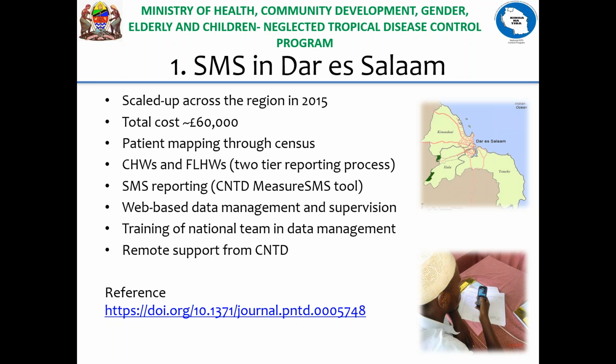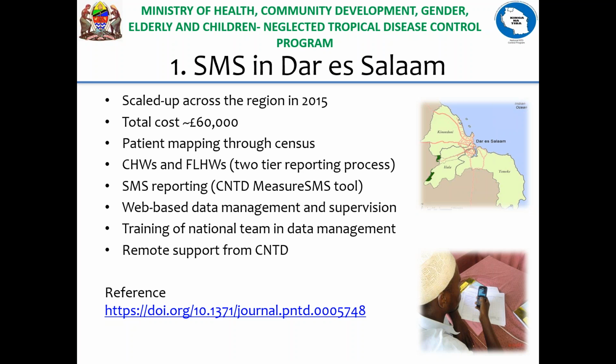Community health workers reported the data using paper, and then fed it to the frontline health workers, who went further to send the data to us using SMS. So it was a web-based data management process, and it needed a lot of supervision.